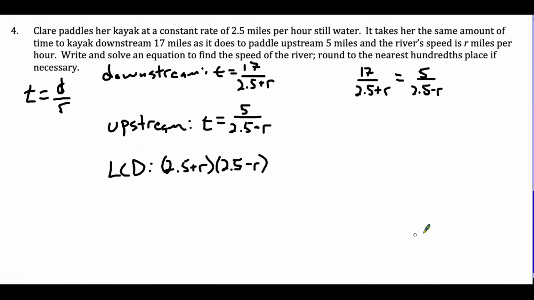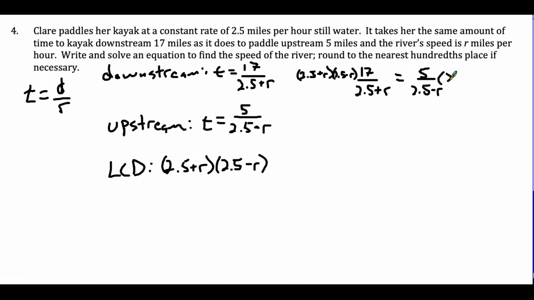So in this case, my LCD is just 2.5 plus r times 2.5 minus r. So I'm going to multiply both sides of my equation by those expressions. So 2.5 plus r times 2.5 minus r.